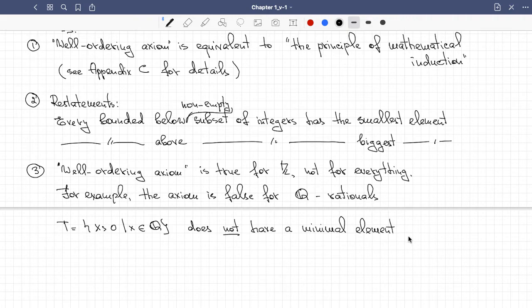For any element r in this set, r over 2, half the element, is also an element of the same set. And clearly, r over 2 is smaller than r. Thus, no element is the smallest.